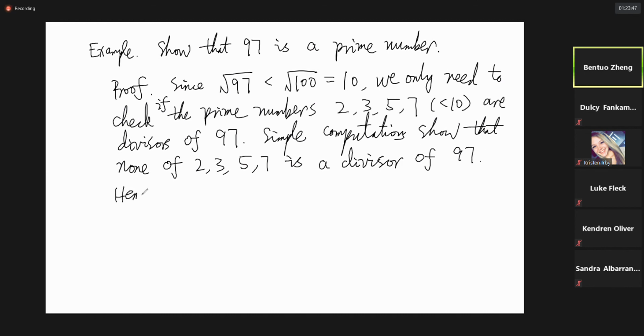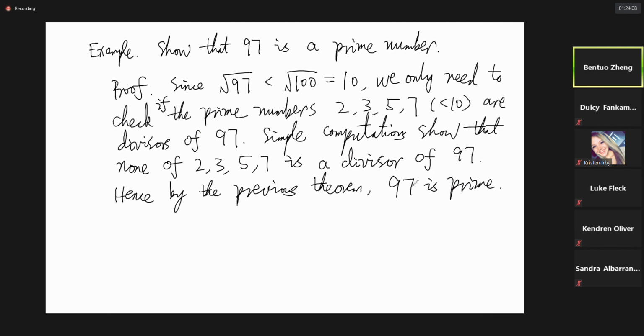Hence, by the previous theorem, 97 is prime.